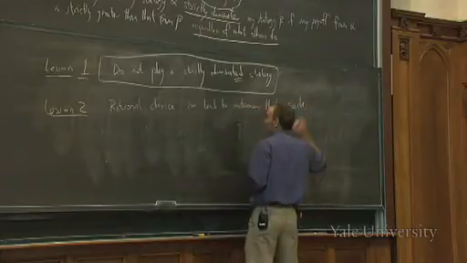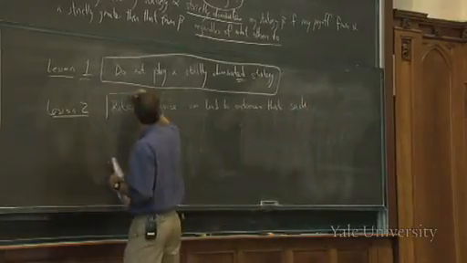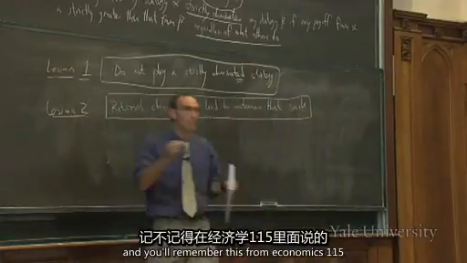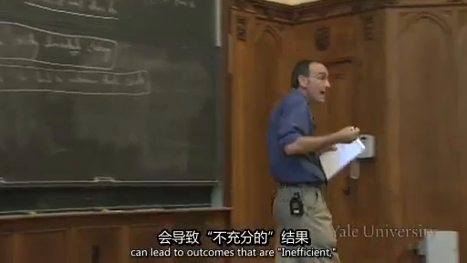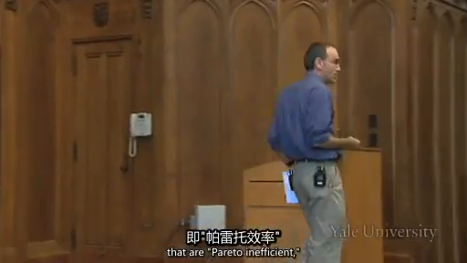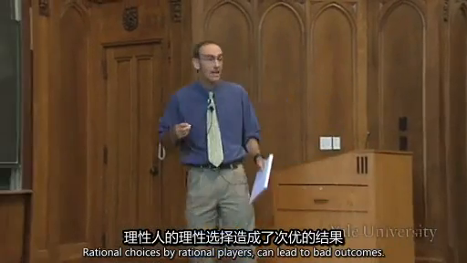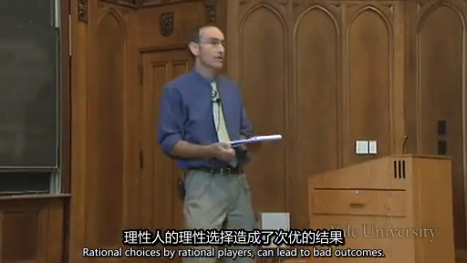That suck. All right? If you want a more technical term for that, and you remember this from Economics 115, it can lead to outcomes that are inefficient, that are Pareto inefficient. But suck will do for today. Right? Rational choice by rational players can lead to bad outcomes.